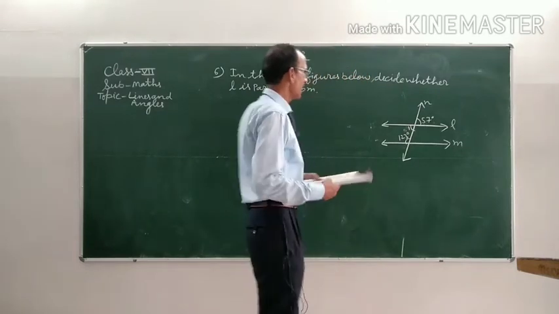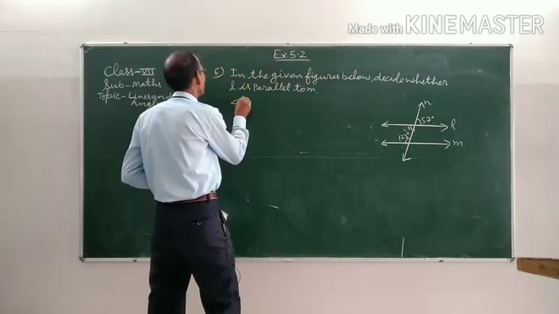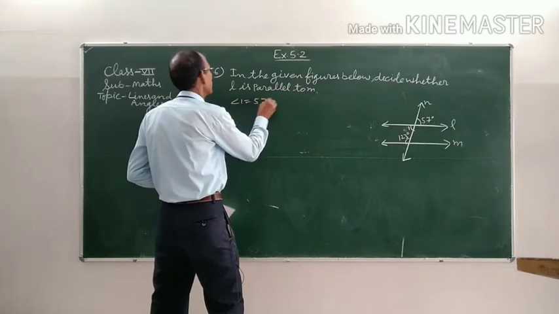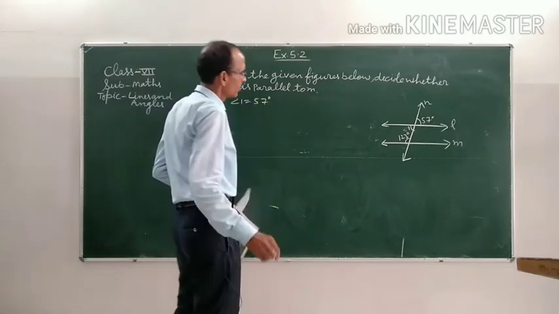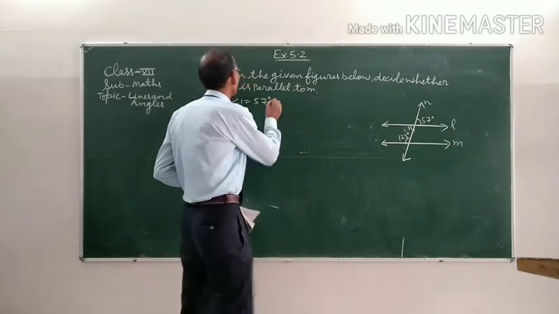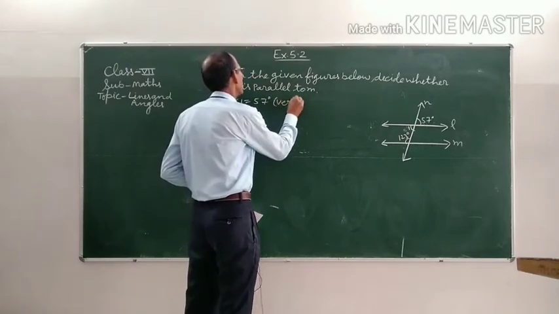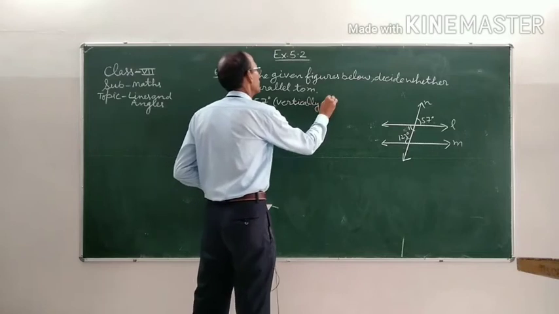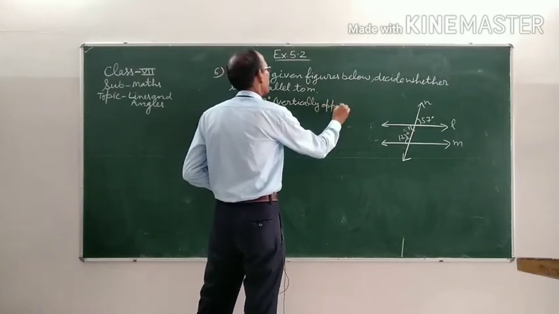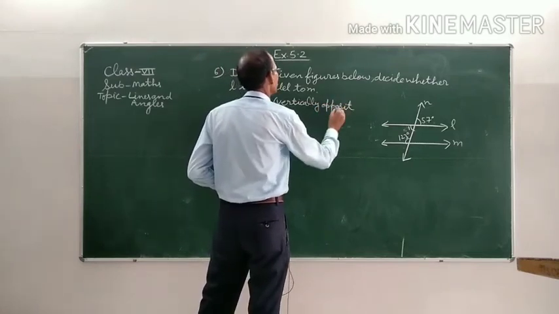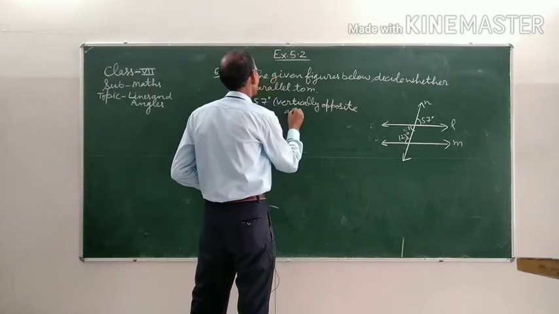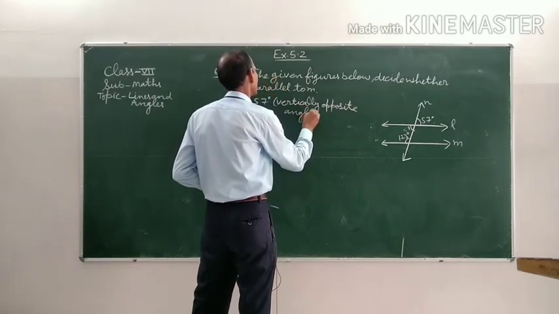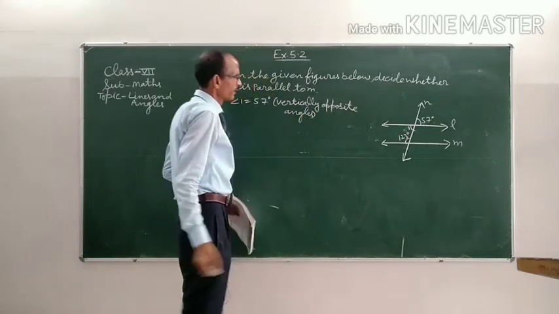So angle 1 is equal to 57 degree, because these are vertically opposite angles.